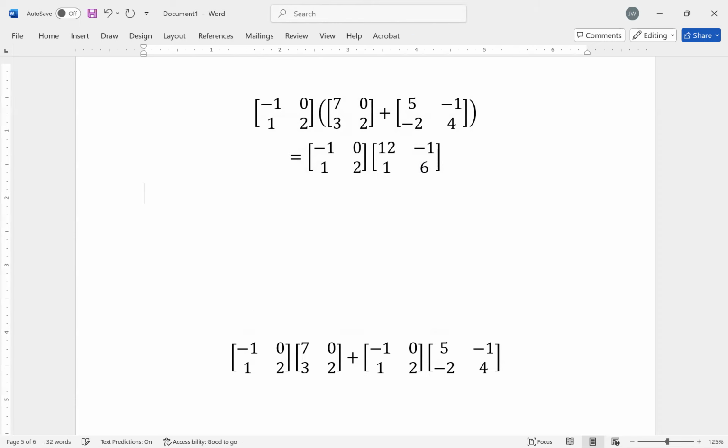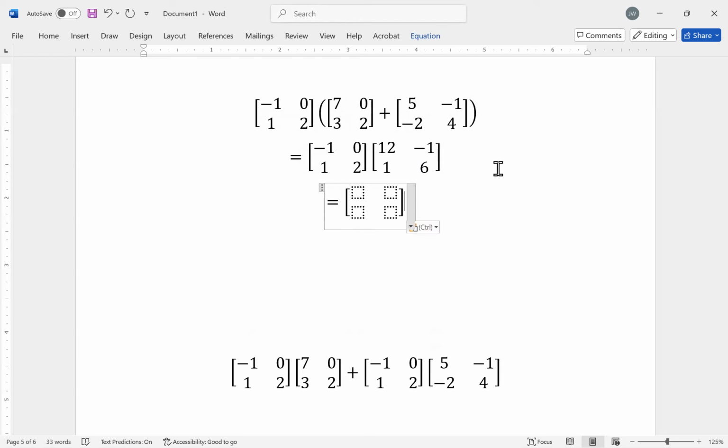Then I would multiply. And if I multiply a 2 by 2 matrix times another 2 by 2 matrix, I'm going to get a 2 by 2 matrix. We know how to do this. To get the first row, first column, I take first row times first column.